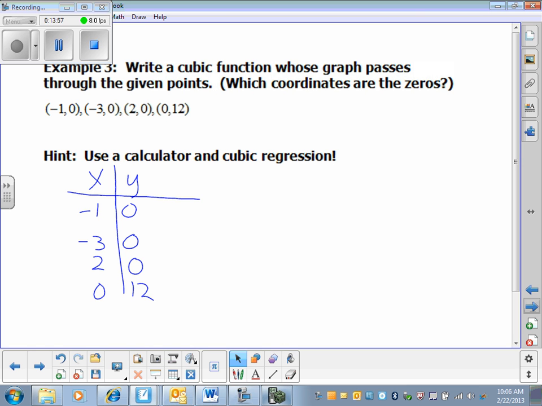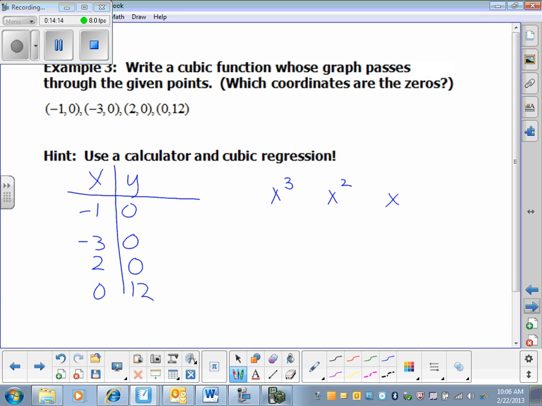And they're telling us it's a cubic, so you're going to use cubic regression. You go to the stat button, put all of those in. That's cubic.